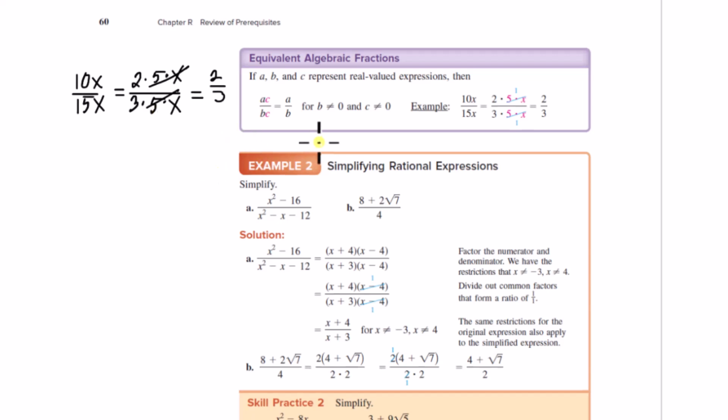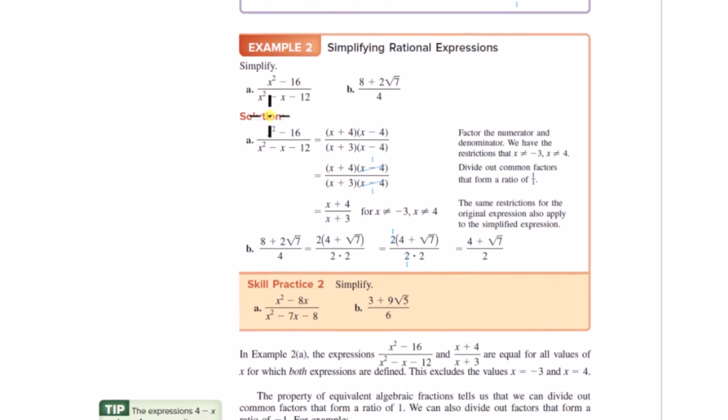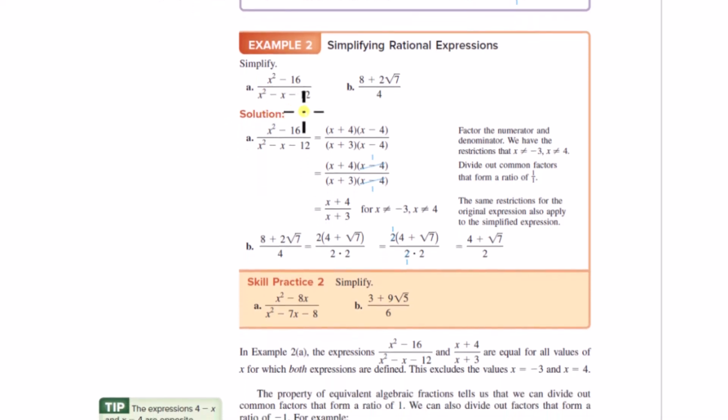Okay, so now let's see. This x squared minus 16 over x squared minus x minus 12 is a rational expression, right? A ratio of polynomials, with whole number exponent variable terms in the denominator.